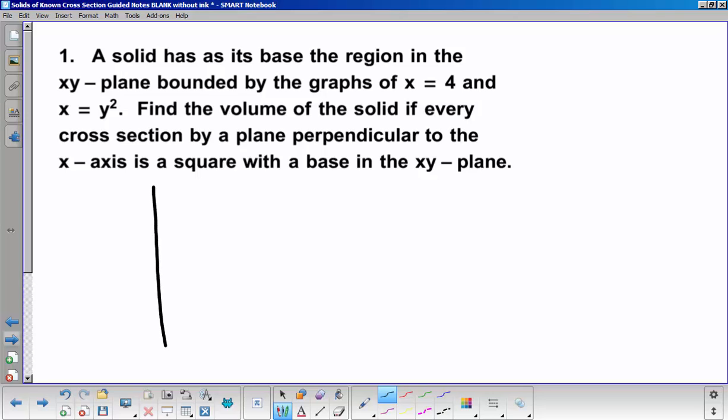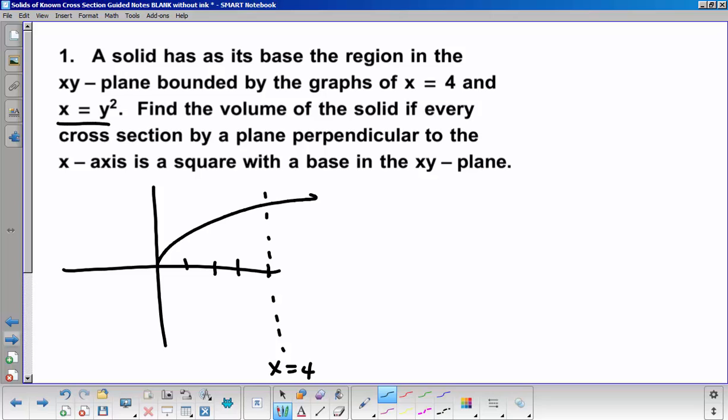Here's x equals 4, 1, 2, 3, 4, and the sideways parabola, x equals y squared. So here it is, I'm drawing y squared, and so the area is this.